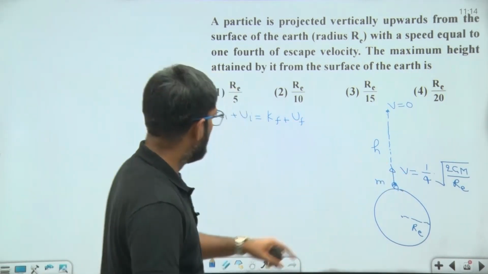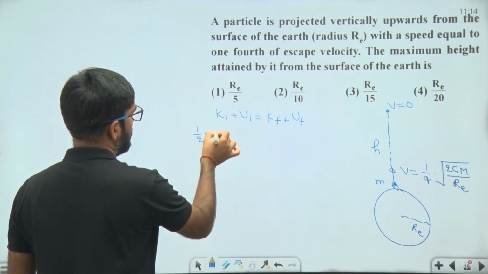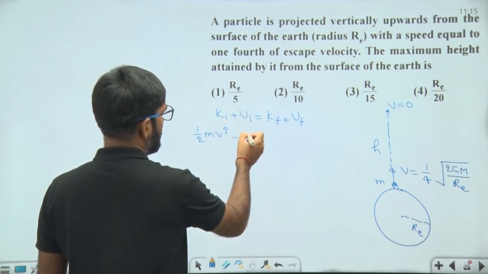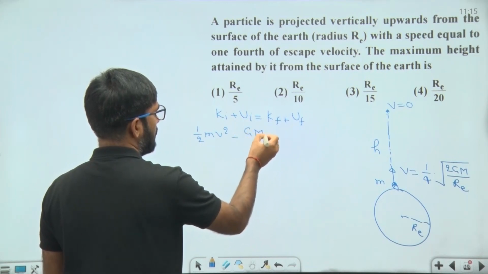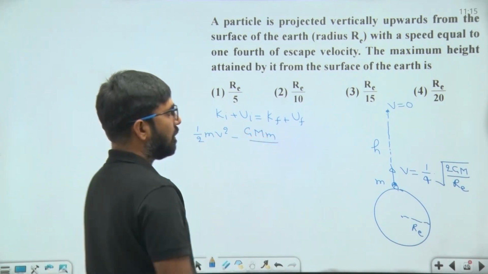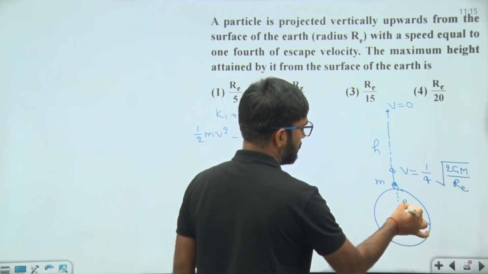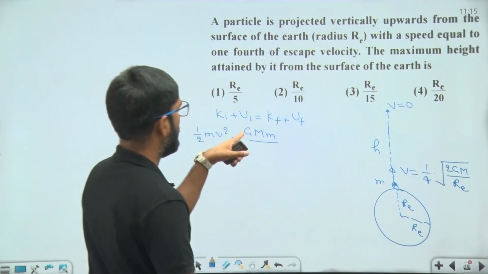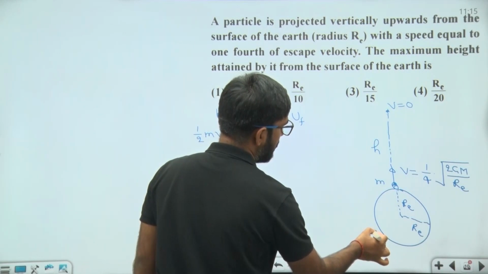Initial kinetic energy will be given by half m v square, plus initial potential energy, which is minus G M m upon the distance. On earth's surface this distance is the radius RE. So on earth's surface initial potential energy will be minus G M m by RE, where capital M is the mass of earth.